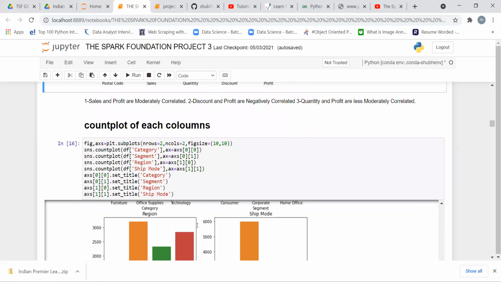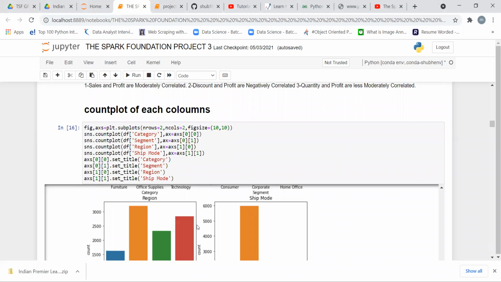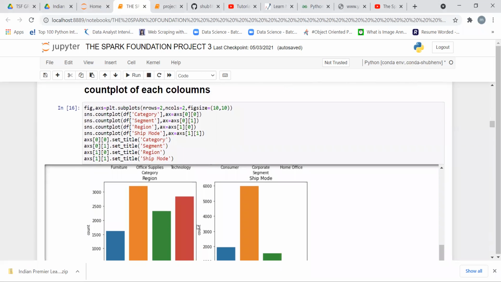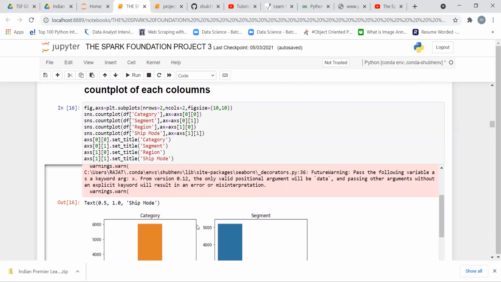Now we use count plot for each column in the data set. We define category, segment, region, and ship mode.